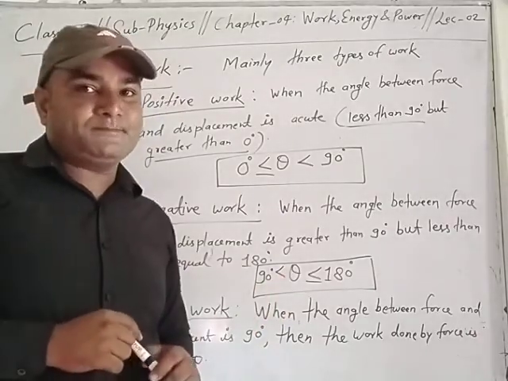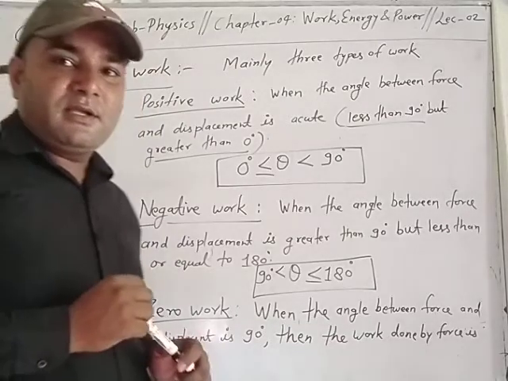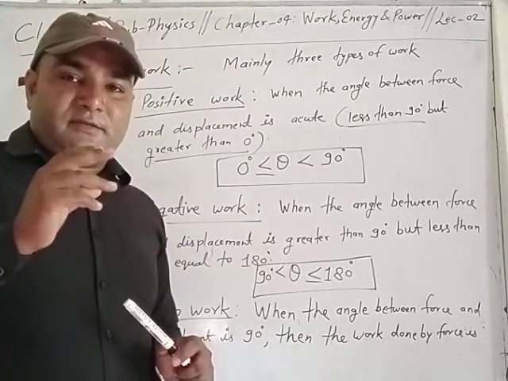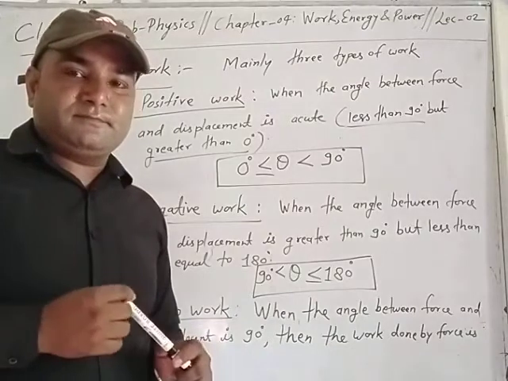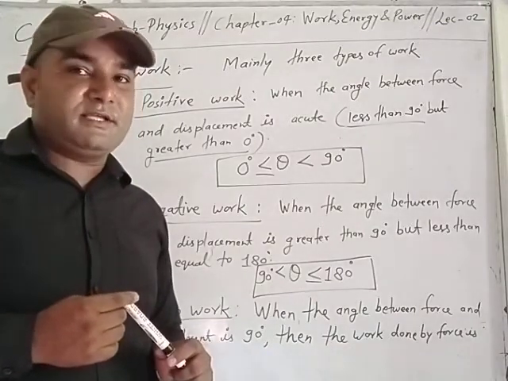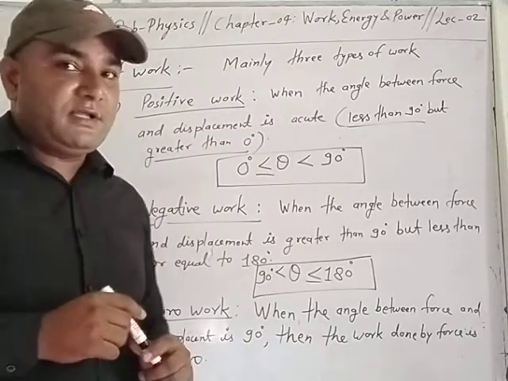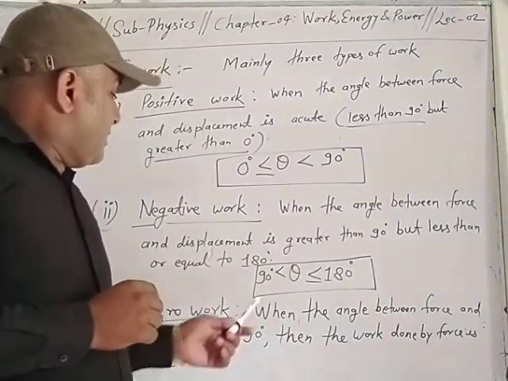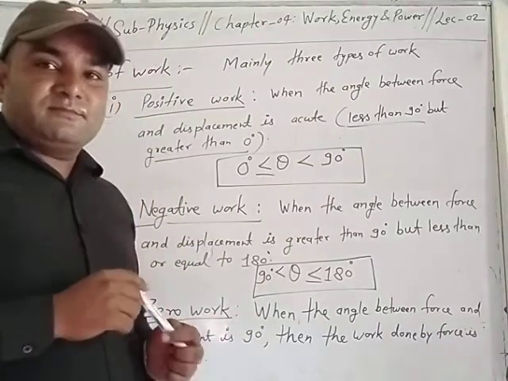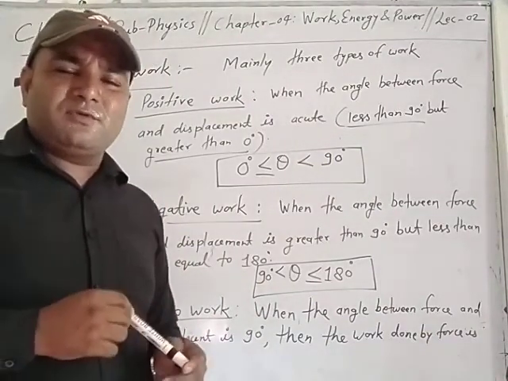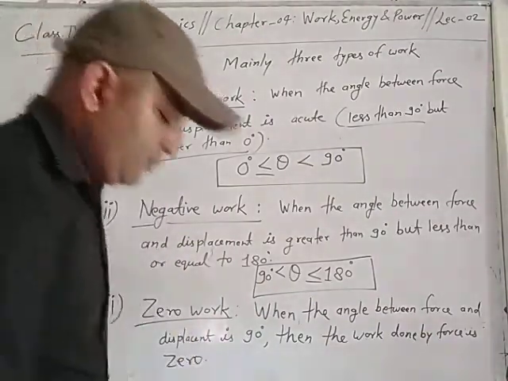because of the value of cos. Whenever the angle is taken greater than 90 and less than 180, the cos value is negative, some constant term like 1 upon 2 or 1 upon root 2 with a negative sign.